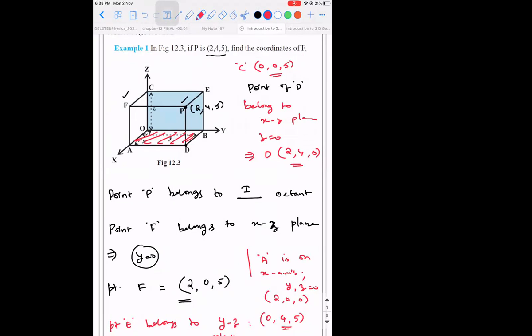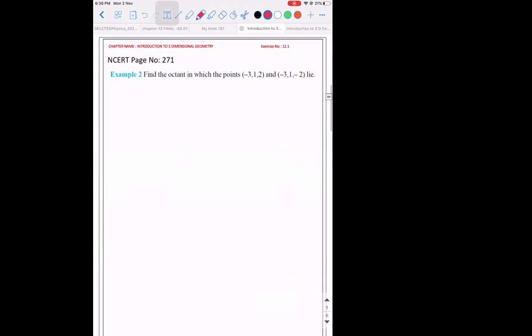If I give 2 comma 4 comma 5, it belongs to three-dimensional space. So that is the logic. So minus 3 comma 1 comma 2. How to solve this? You need not look at the table always. I'll tell you. First look at whether Z is positive or negative.